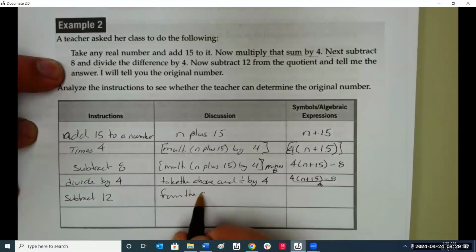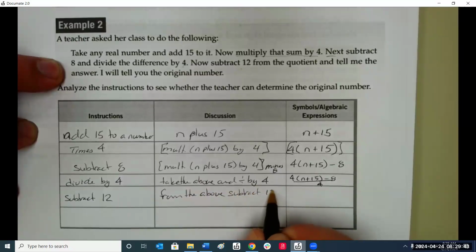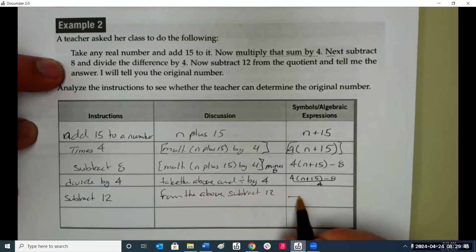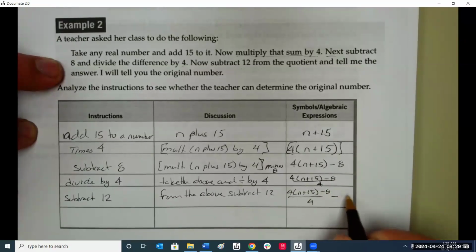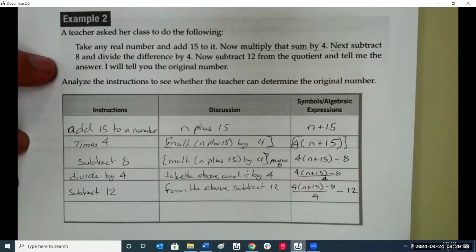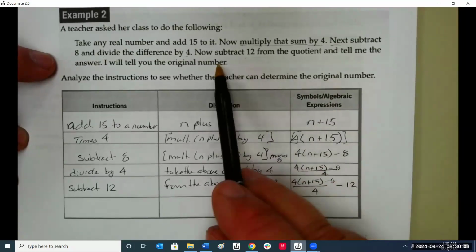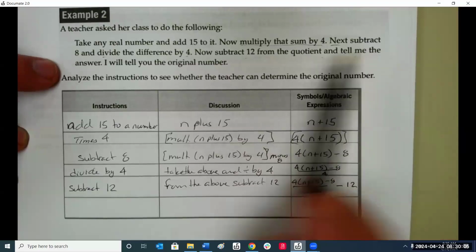From the above, subtract 12. So what we have here is 4 times N plus 15, minus 8, divided by 4, minus 12. And tell me the answer.